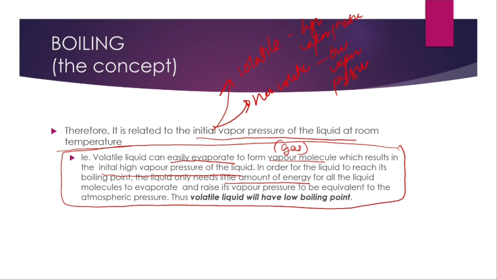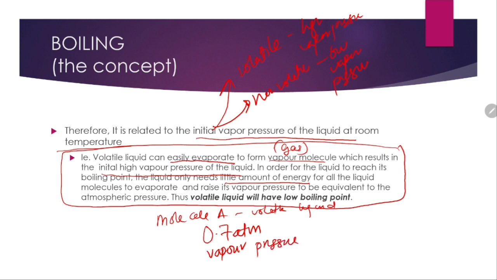Let's say we have molecule A, which is a volatile liquid. It can easily evaporate and change itself from liquid molecule to vapor molecule at room temperature, a spontaneous reaction. Let's say it has 0.7 atm of vapor pressure. For boiling to happen, it must equal 1 atm, which is your atmospheric pressure.